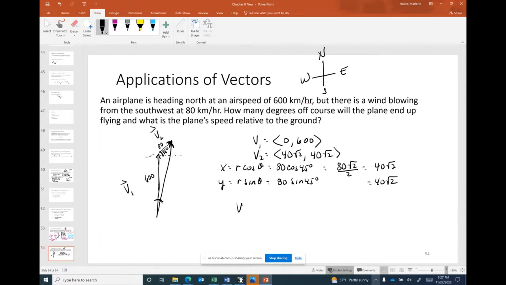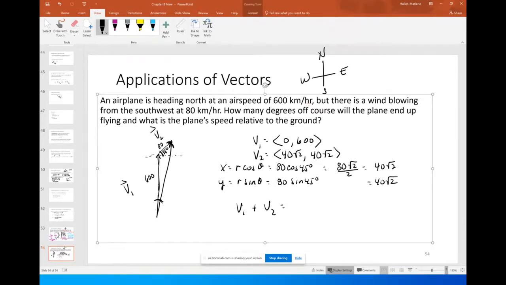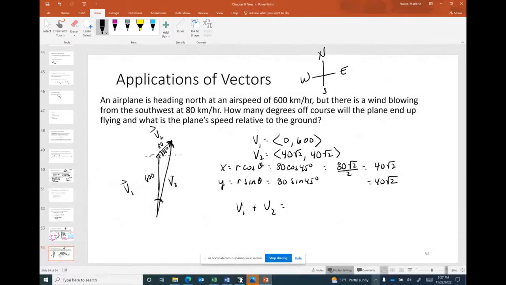All right, so adding them together will give me the component form of this resulting vector. We'll call him vector 3. So we'll add the horizontal components: 0 plus 40 square roots of 2 is 40 square roots of 2 for the horizontal.